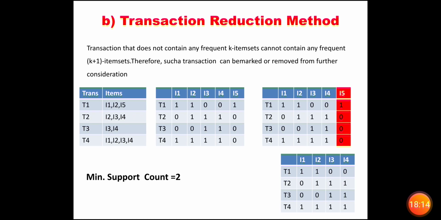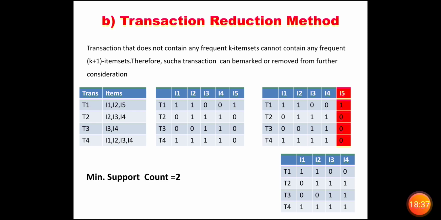So this can be converted into Boolean expressions. The items are given at the top and the transactions are given on the left side. So in the second table, the items are given at the top of the table and the transaction IDs are given on the left.